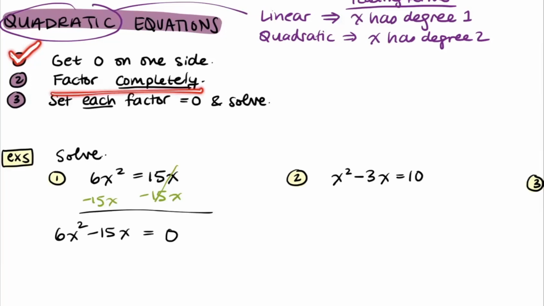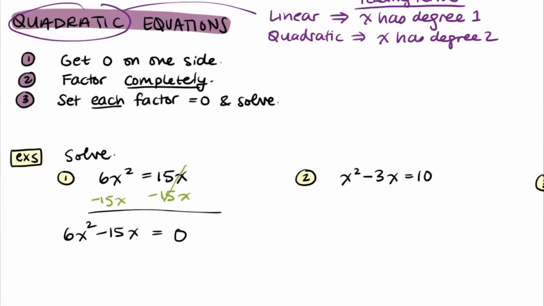Now we want to factor the left side all the way. And you have to remember all of the factoring techniques that we've discussed. So the first thing is to look for a GCF. And this one has a GCF of an x and also a 3. So we'll take out a 3x, and what we're left with is a 2x and then minus 5. Still equals 0 on the right.